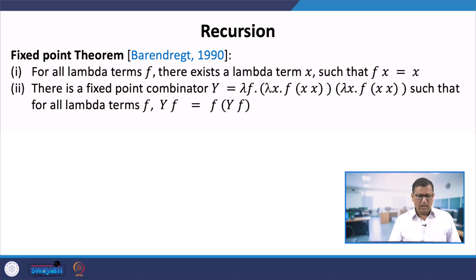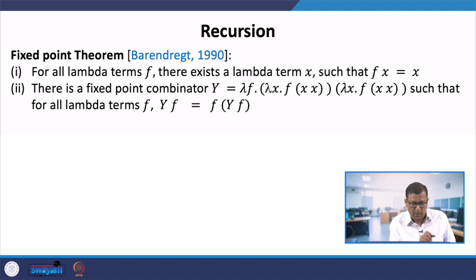There is a theorem called the fixed point theorem. This is given in Barendregt and Barendsen, 1994, in their paper Introduction to Lambda Calculus. You can see that paper. It states that for all lambda terms f, there exists a lambda term x such that f x is equal to x.